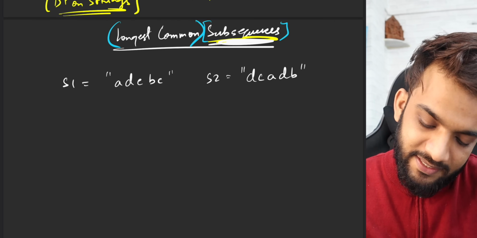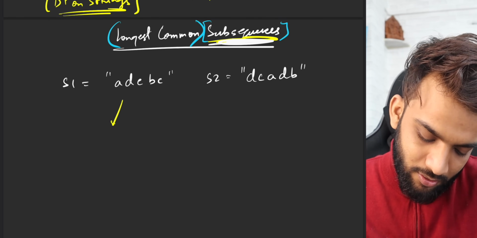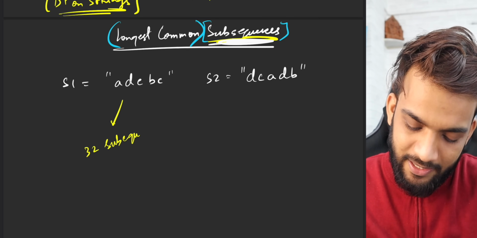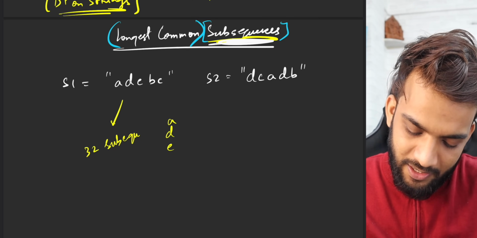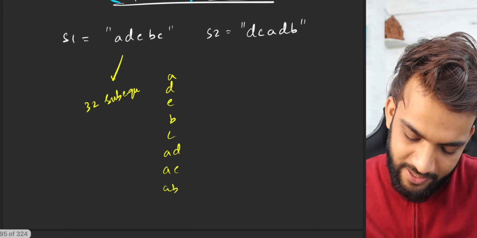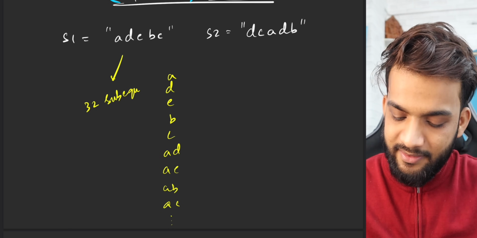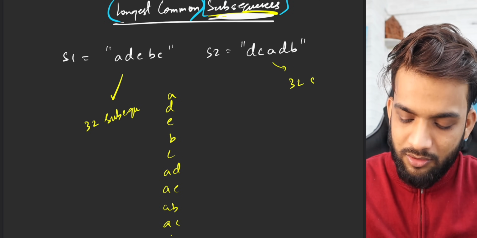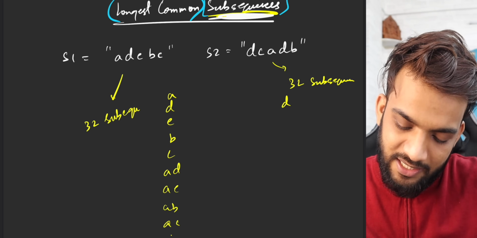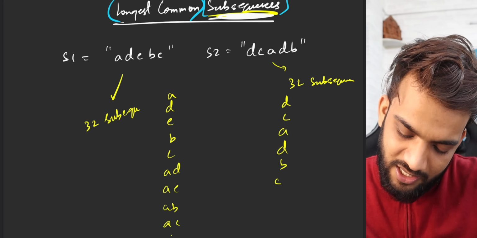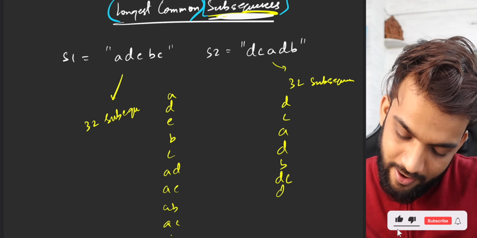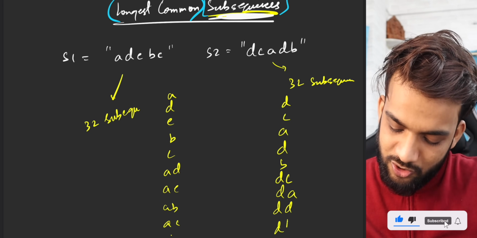So I can say this string can generate 32 subsequences, namely A, D, E, B, C, AD, AE, AB, AC, and so on. And this string can also generate 32 subsequences, namely D, C, AD, DB, DC, and so on.